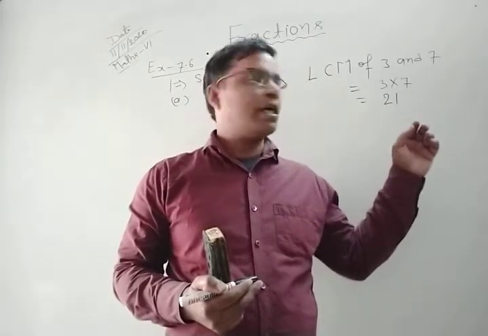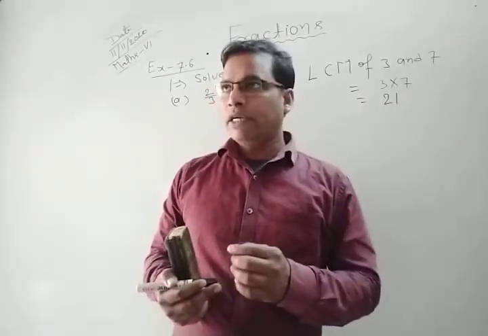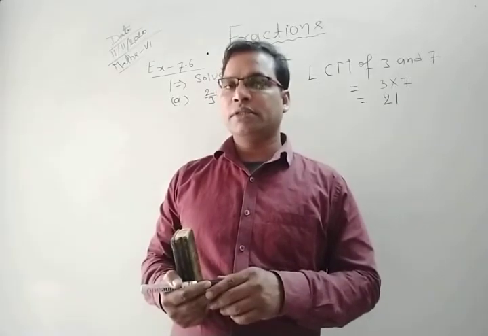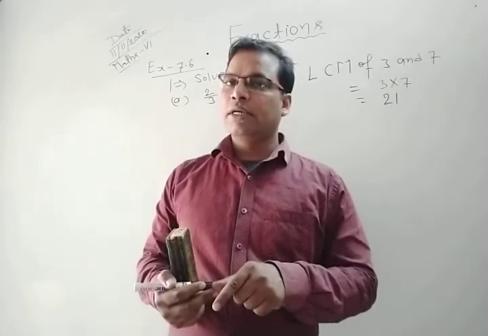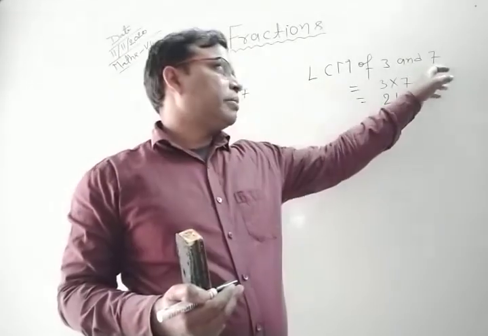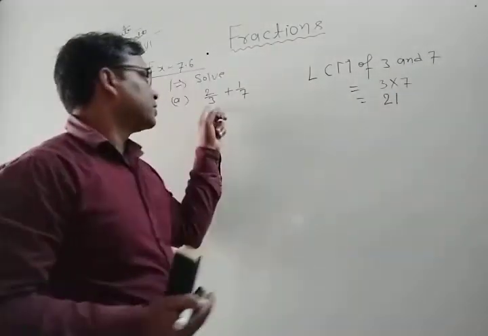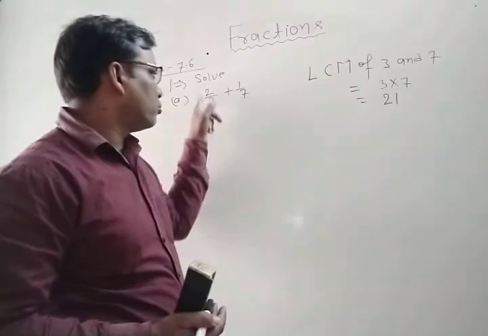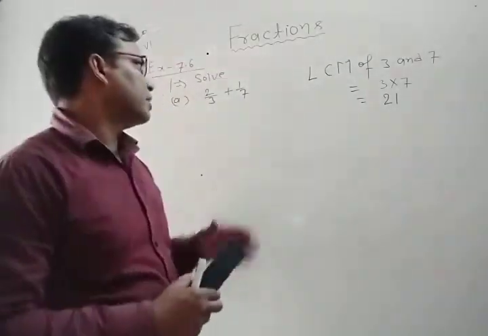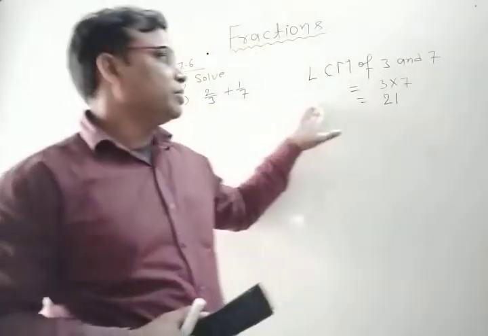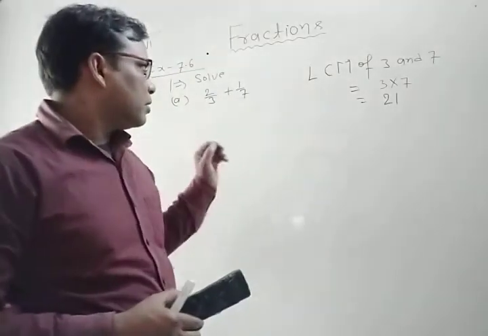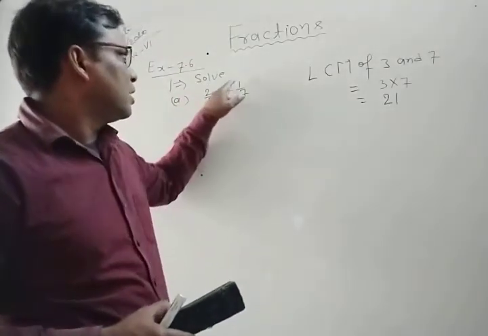For example, 3 is divided only by 1 and 3 itself, so 3 has two factors, 1 and 3 itself. So 3 is a prime number. Similarly 7 is also a prime number. The denominators of both fractions, 3 and 7, are prime numbers, so their LCM is their product.